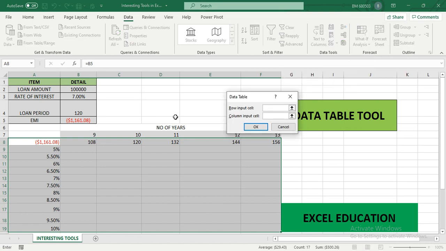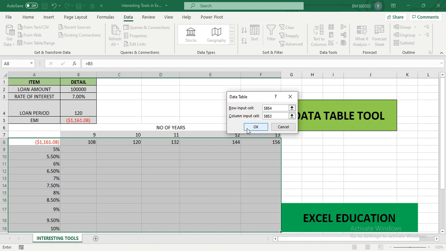Go to the data table, give your row input cell. Row input is nothing but your loan tenure. So give your row input cell as your loan period, whatever amount you're having here, and inside your column input cell, give your column input cell. What is that? It is your rate of interest.